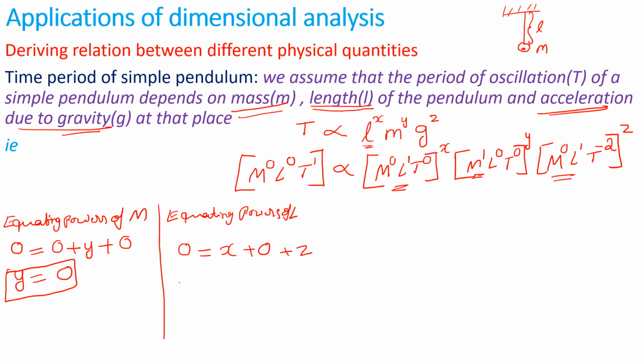So from this equation what we get? We get an equation x plus z is equal to 0. That is one more equation which we get. We shall take it as equation 1.